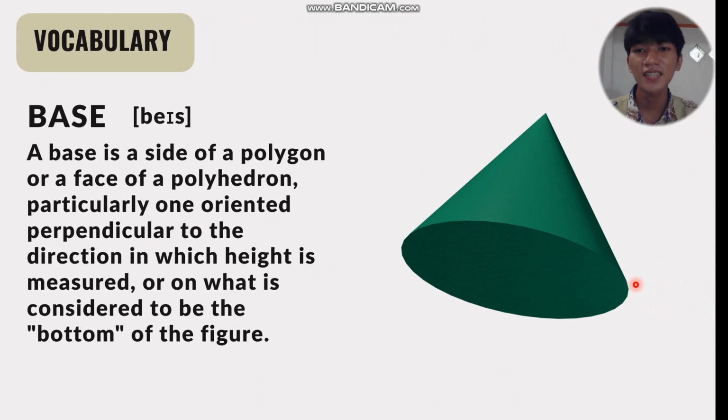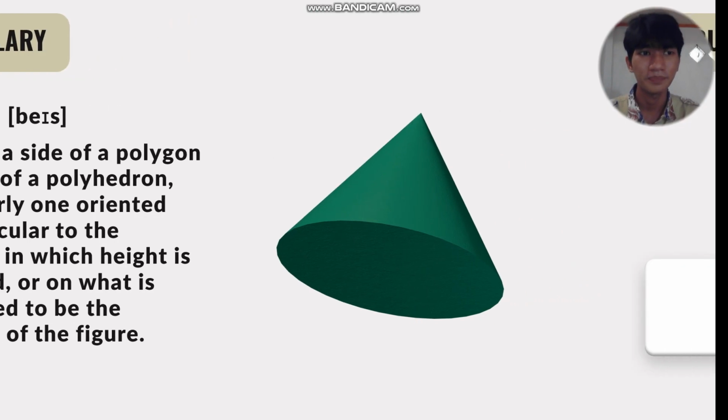A base is a side of a polygon or a base of a polyhedron, particularly one oriented perpendicular to the direction in which height is measured, or what is considered to be the bottom of the picture. In this picture, the base is shown.